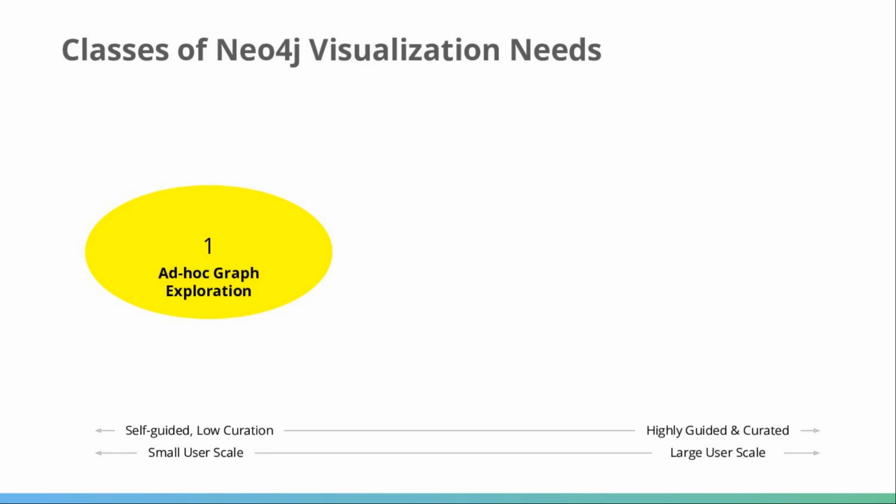In this spectrum, they're depicted as the visualization needs that are at a smaller user scale, but that are maybe low curation, and by curation we mean a visualization class that requires the user to be a graph expert and being able to do visualizations by themselves in an ad hoc fashion, closer to the graph, having intimate familiarity with the graph, and being able to explore the graph at will.